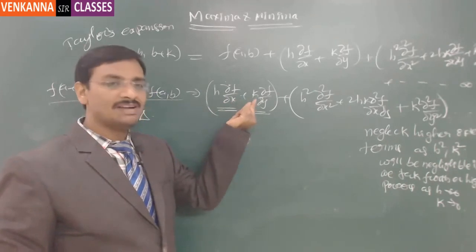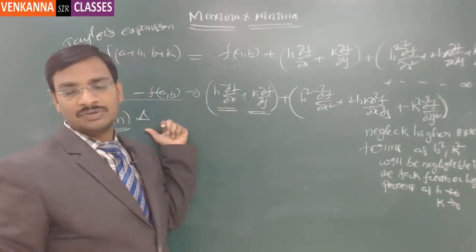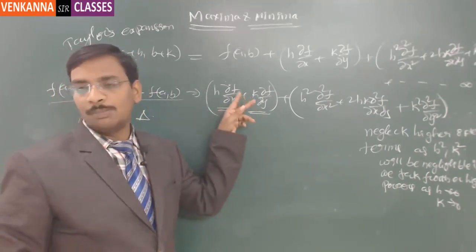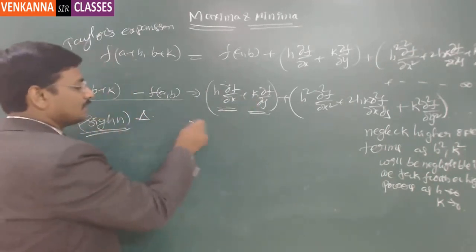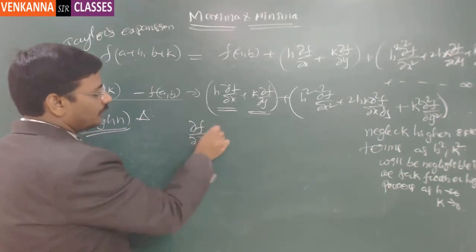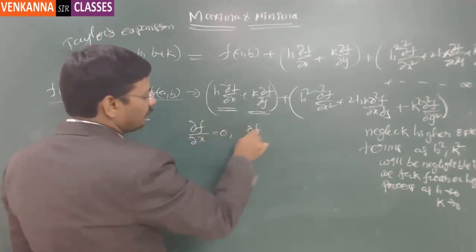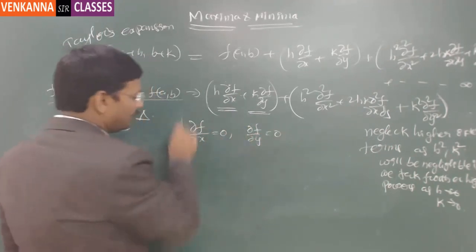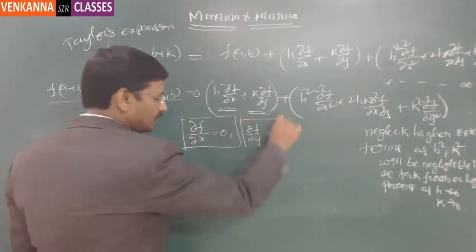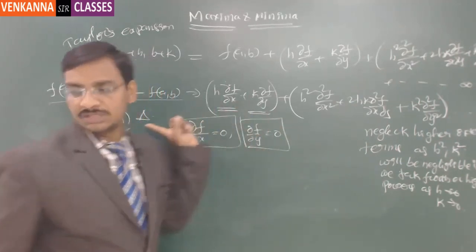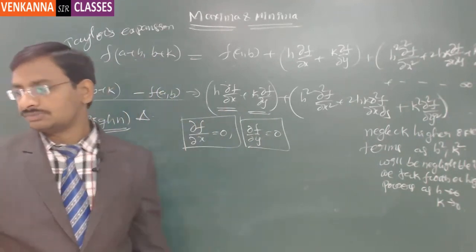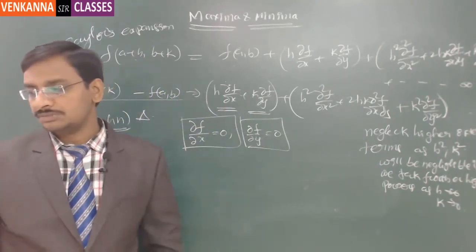That means this k will decide the sign of delta. So I wanted to make delta independent of k. That's exactly the reason why we set ∂f/∂x equal to 0 and ∂f/∂y equal to 0. So this is the fundamental condition which we are going to check, so that the h and k selection will not make changes to this sign. Got it or not? Understood?